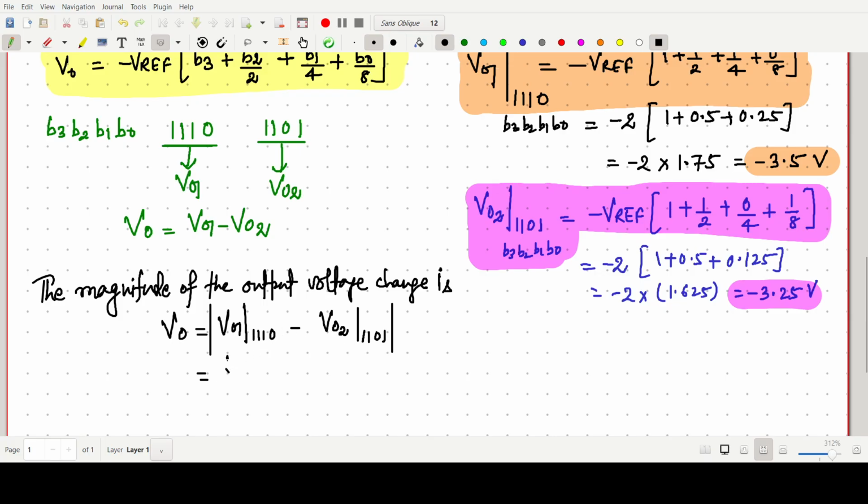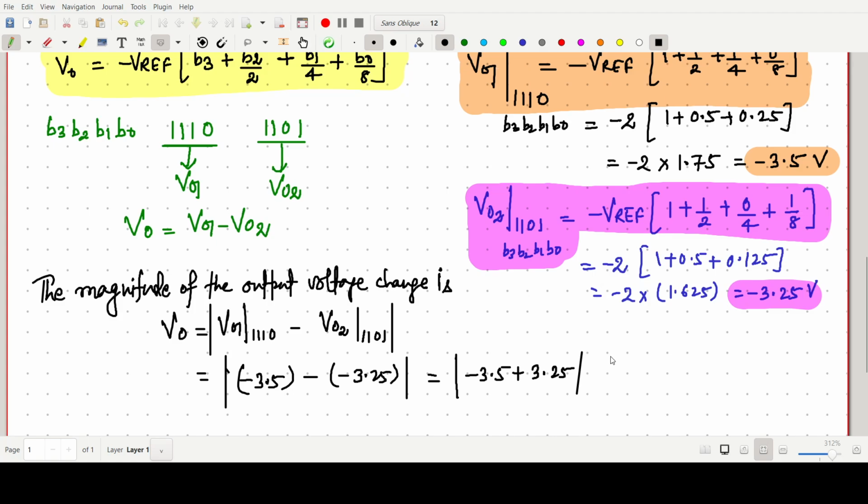Now what we can write: this value is given minus 3.5 volt. So we can write like this, minus of 3.25 in modulus. This one is the mod sign, so it should be minus 3.5 plus 3.25.